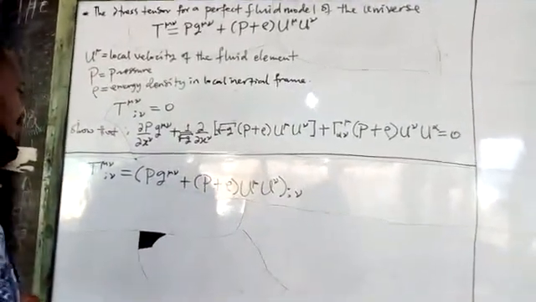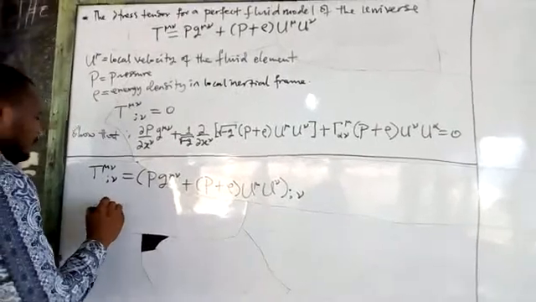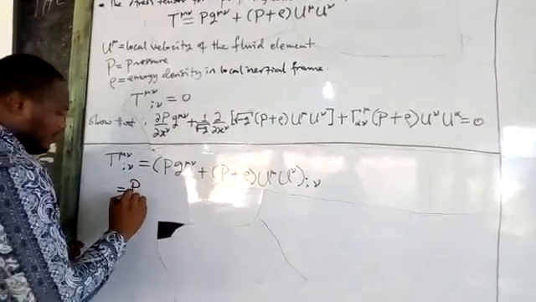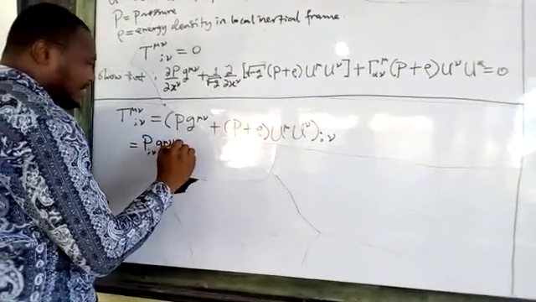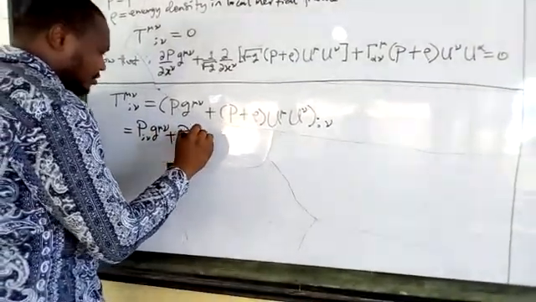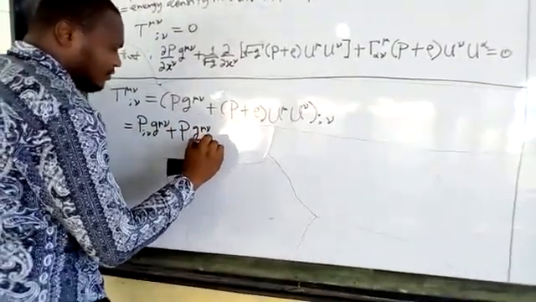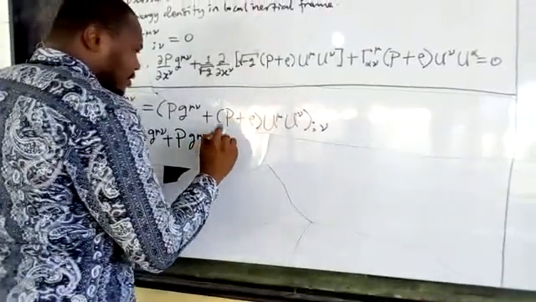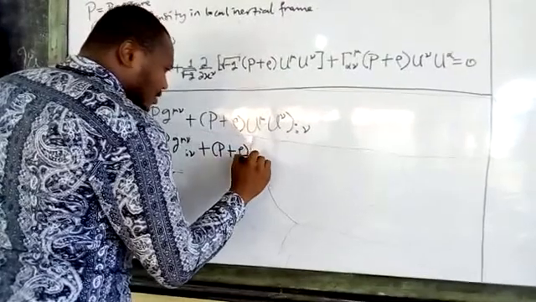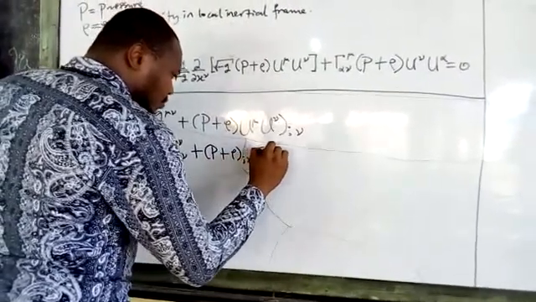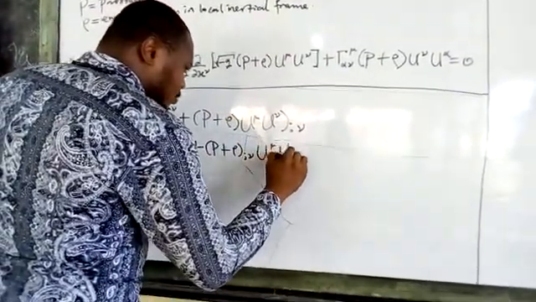Of course, I'm going to start first of all by applying the Leibniz rule. So this is going to be P comma nu g mu nu, plus P g mu nu covariantly differentiated, plus, again treating this as a single object, (P plus rho) semicolon nu, U mu, and then U nu.